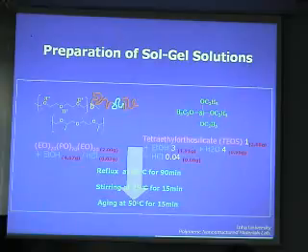This organic phase is mixed with the inorganic phase solution with TEOS. We mix them together, reflux, stir, and age for several minutes, at 50 degrees C, to get the interconnected organic and inorganic self-assembly.